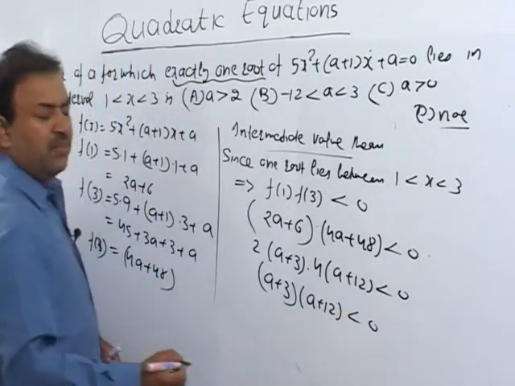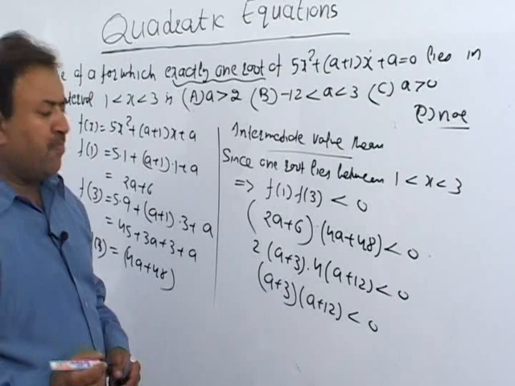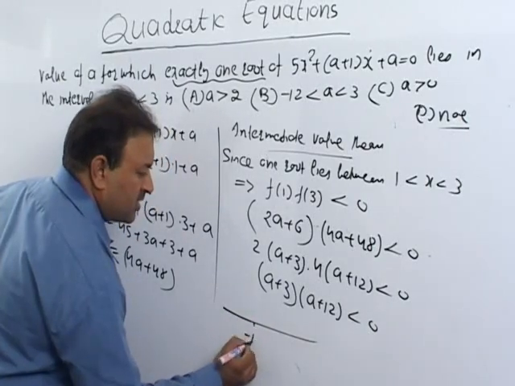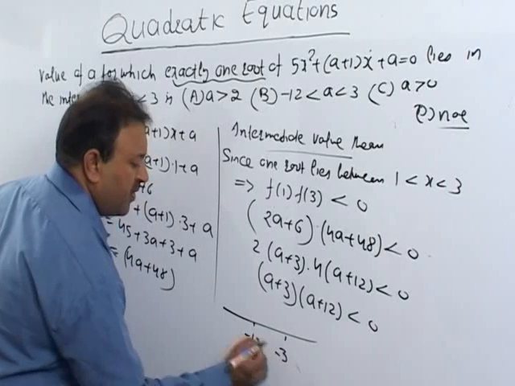Similarly, as we have done in the previous question, we draw a parabola. It is minus 12 over here, minus 3 over here.